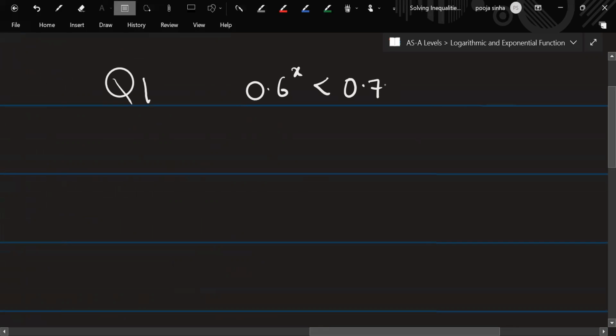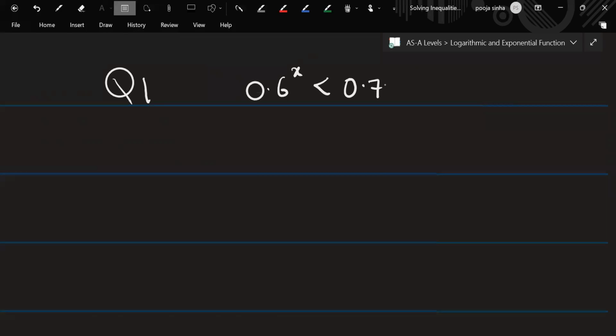Solve this. Is it 0.698? Yes, the answer will be 0.698.